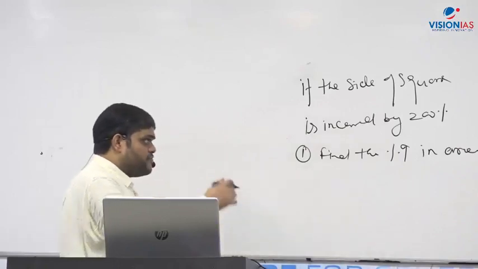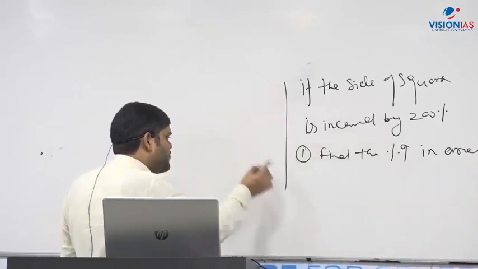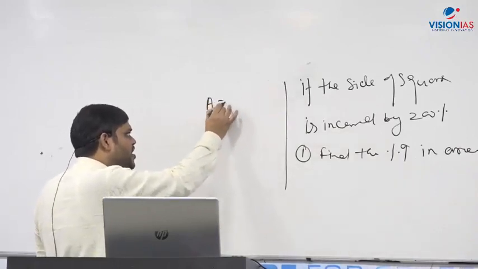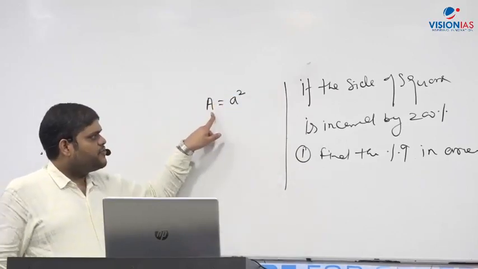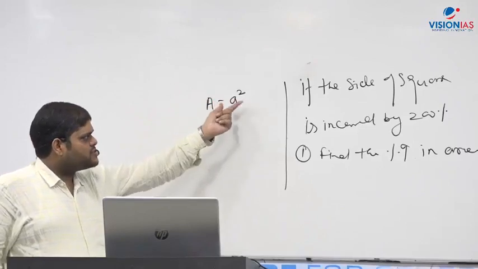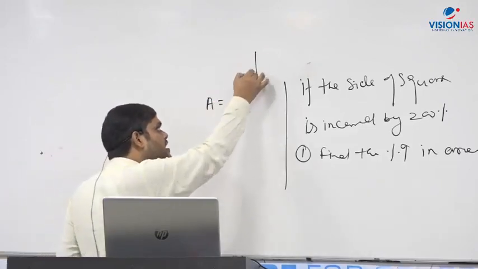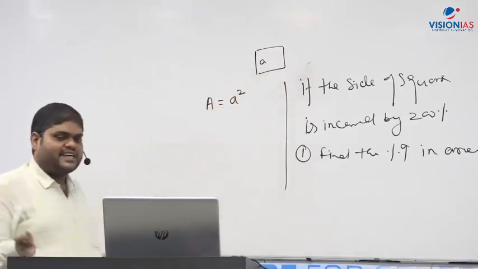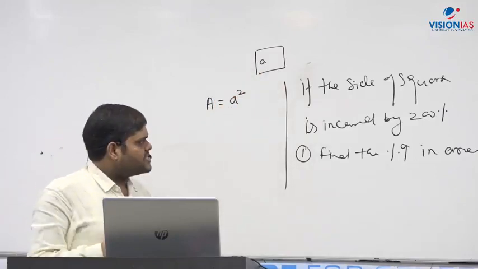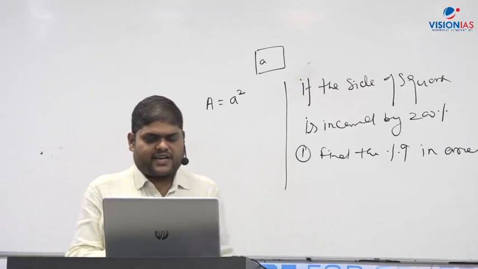What is the formula for the area of a square? Area of square is side square. Suppose the side is A. If the side of the square is A, square means all sides are equal. Find out the answer.